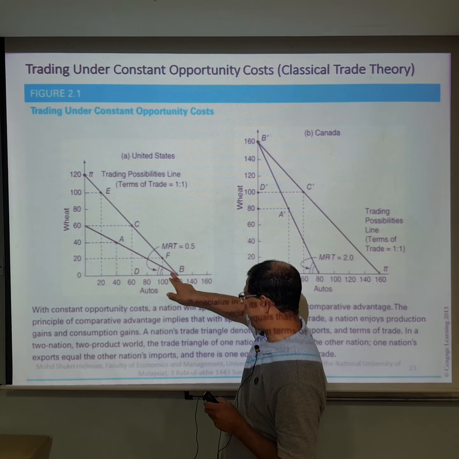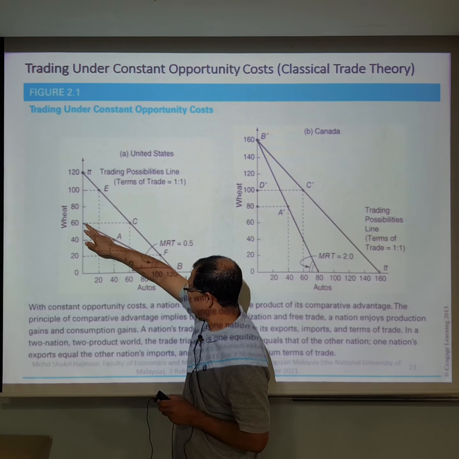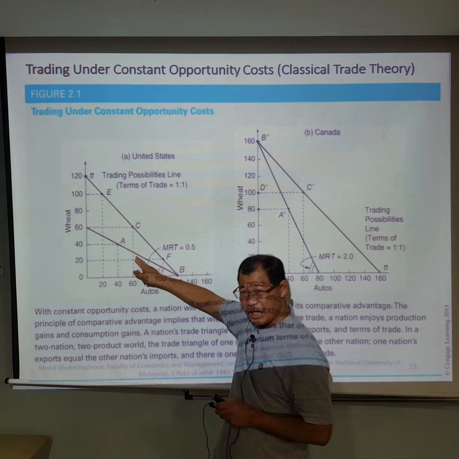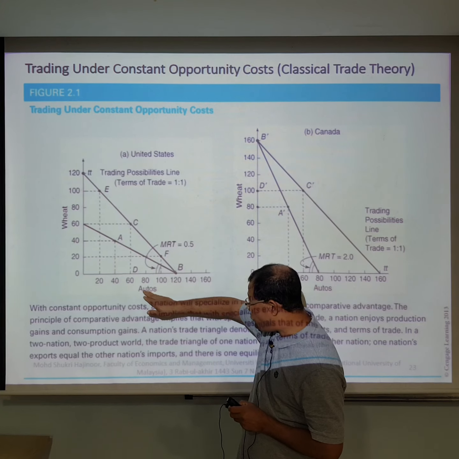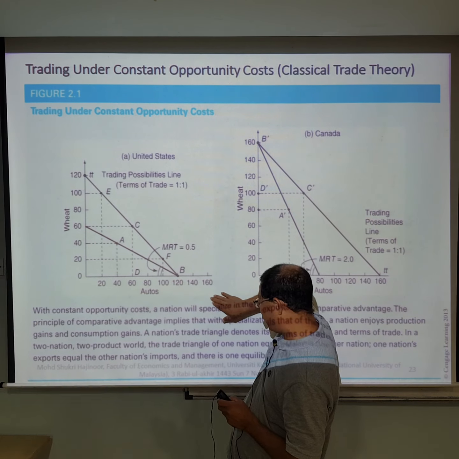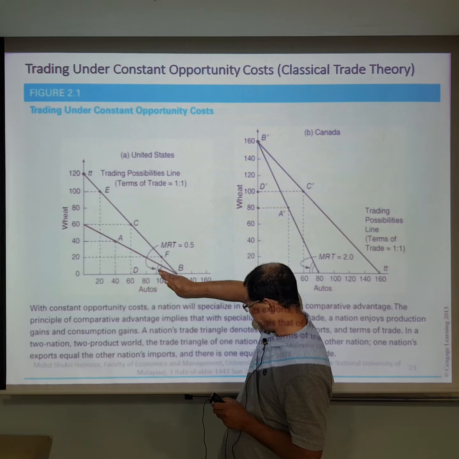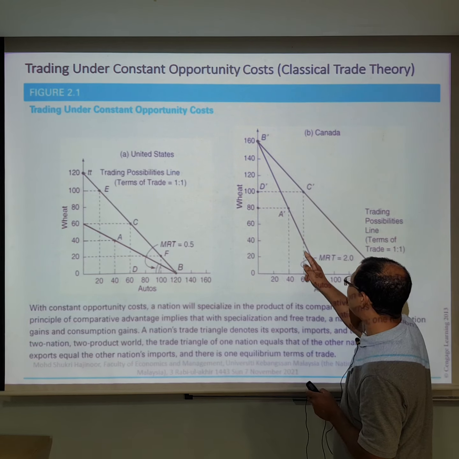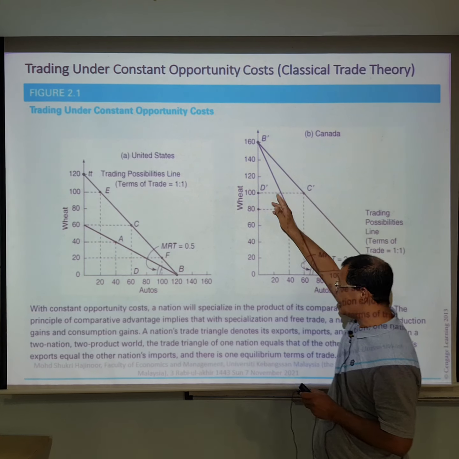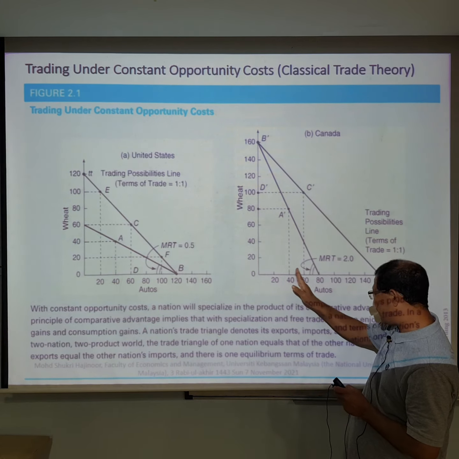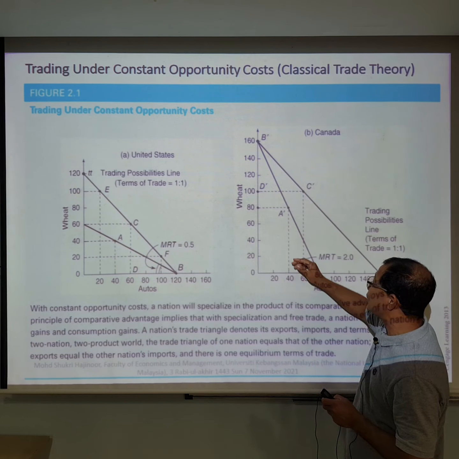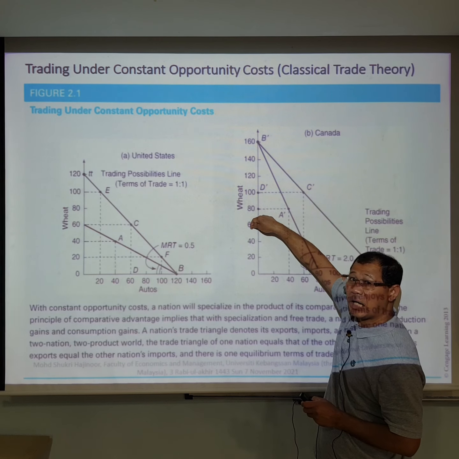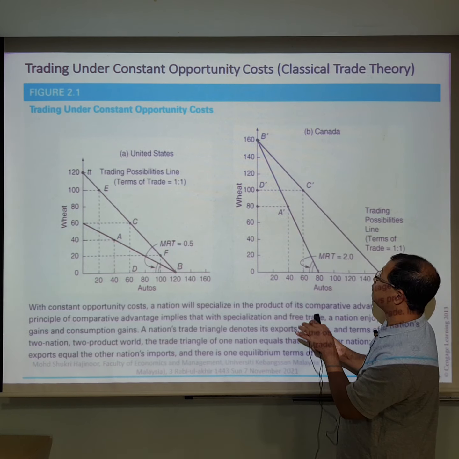This is country A, the United States, less steep, meaning the opportunity cost for producing more autos is less in the United States, compared with Canada, which is so steep. To increase production of autos involves a lot of reduction in the production of wheat. Stop here.